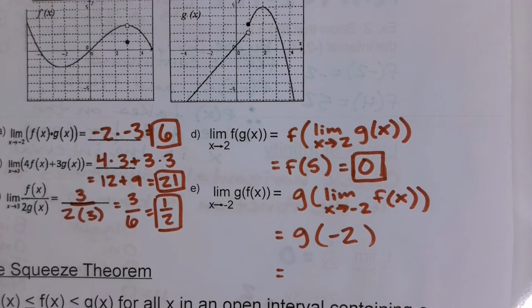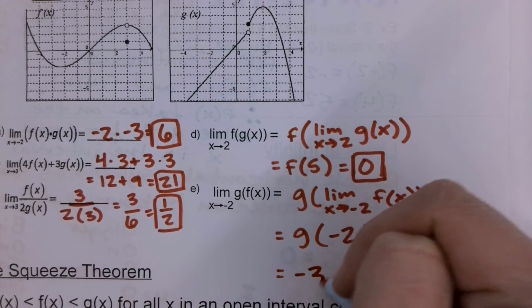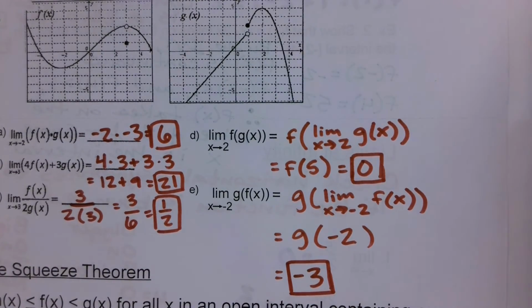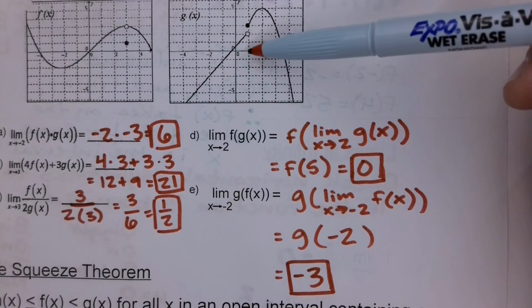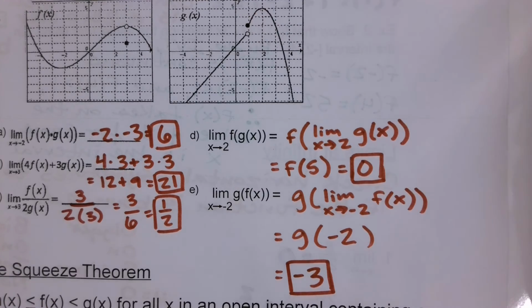And then we're just looking at g of negative 2, which happens to be the same as the limit, but that's not always the case. So maybe at the end we have a g of 1, and that would be the difference between saying overall it's 3, versus it does not exist. So that last part is not a limit, we're just evaluating the function.